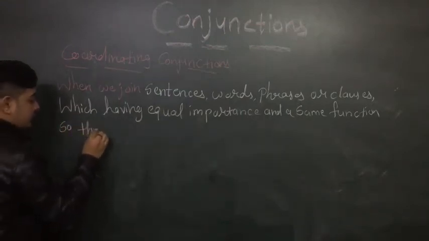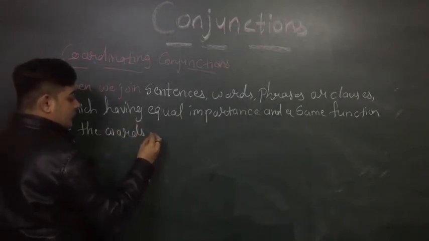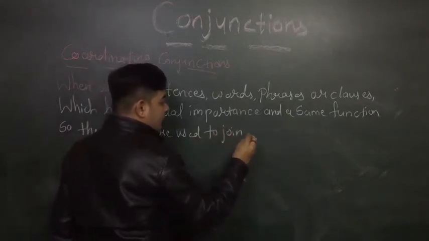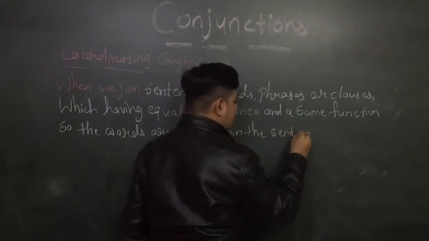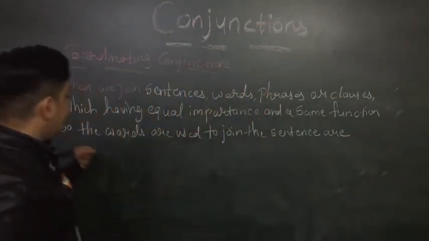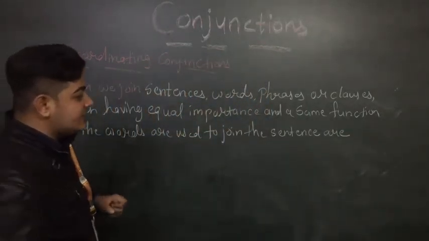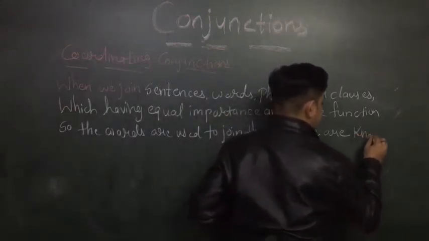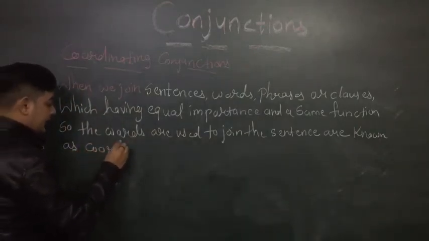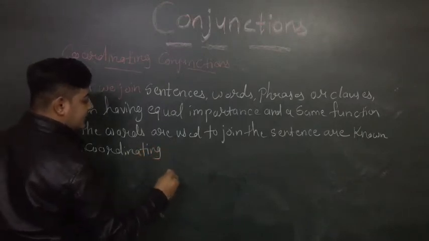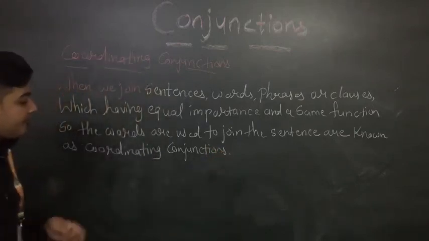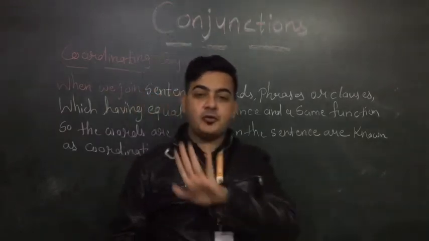So the words that are used to join the sentence are known as coordinating conjunctions. कोऑर्डिनेटिंग कंजंक्शंस. ठीक है.